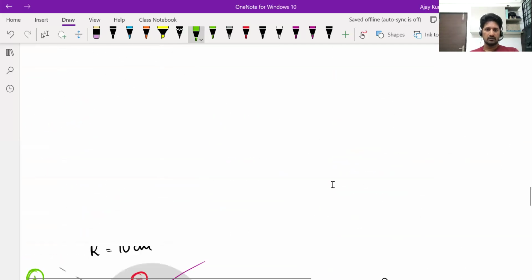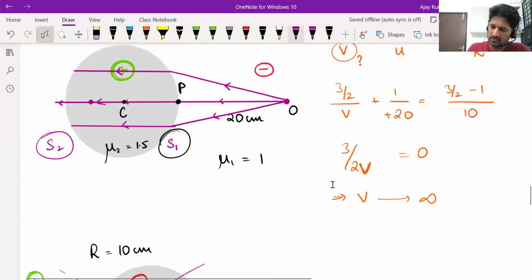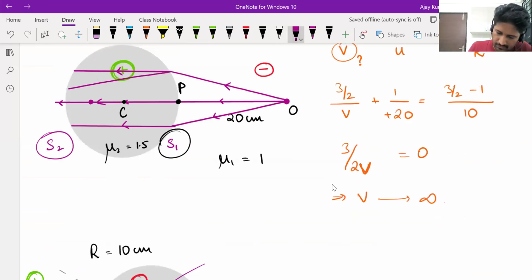So let's go back to the case where one of the possibilities we considered was these rays traveling this way and tending to meet somewhere behind the second surface. In that case, you would have treated their point of convergence as the virtual object, and you would have solved the problem.